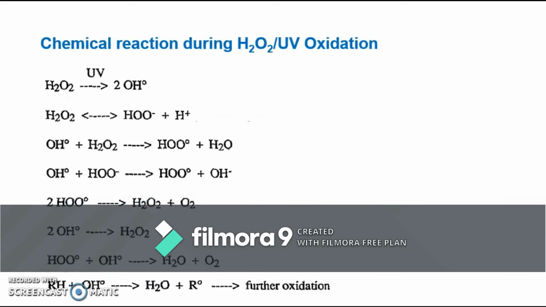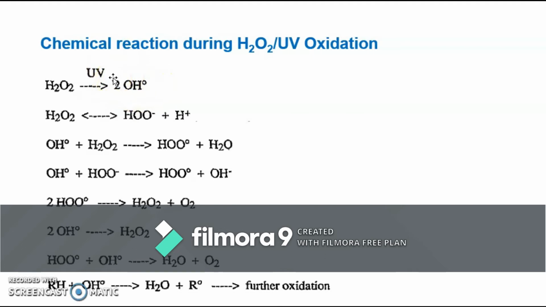We have several chemical reactions during the hydrogen peroxide UV irradiation oxidation process. So basically this is the two-step chemical oxidation process. At the first step, hydrogen peroxide is converted to the hydroxyl radicals.